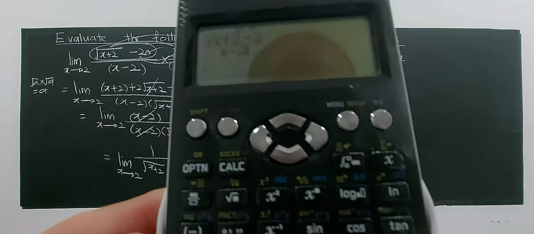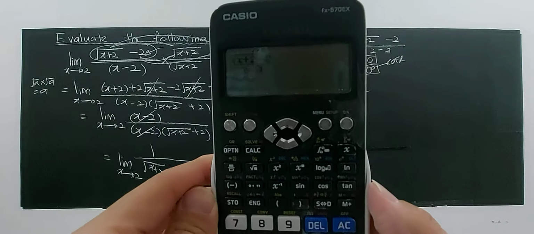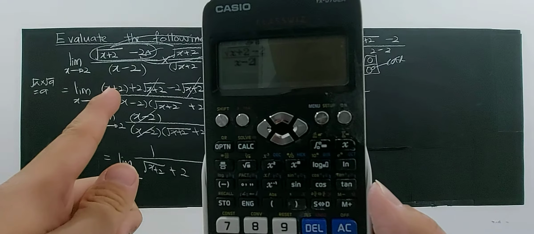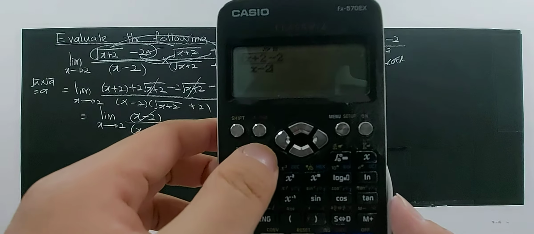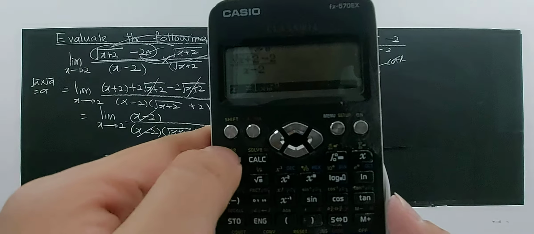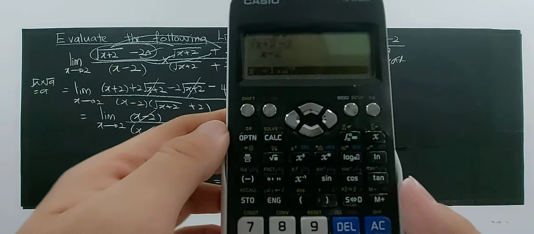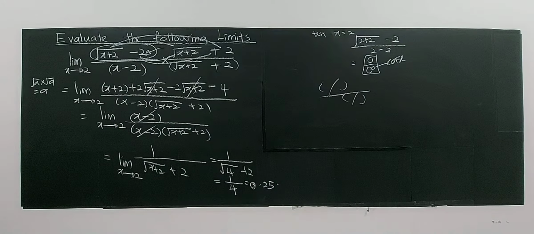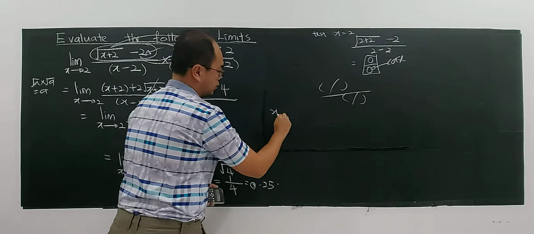Then you will have square root of x plus 2 minus 2 over x minus 2. Then you press the calculate button, right? Then key in any value near to 2, not 2, but near to 2.